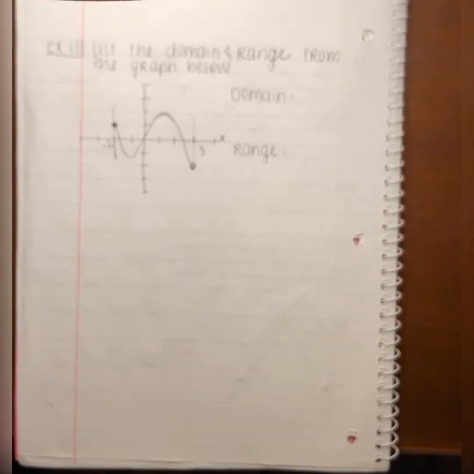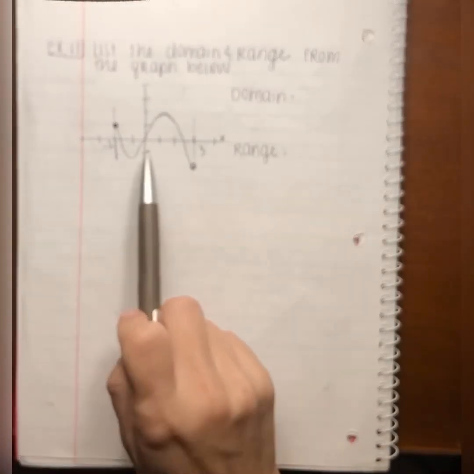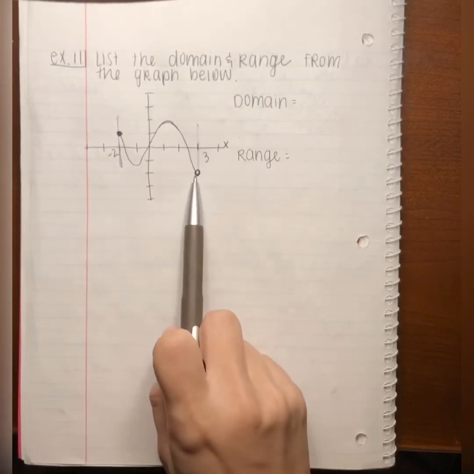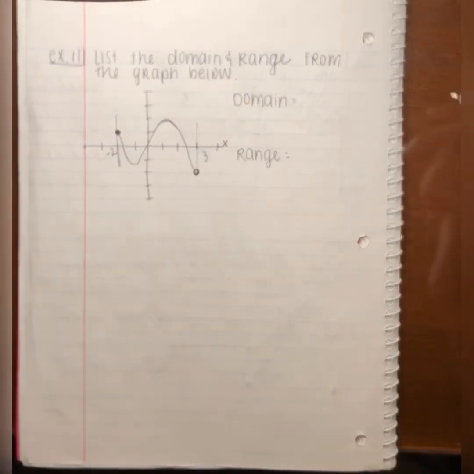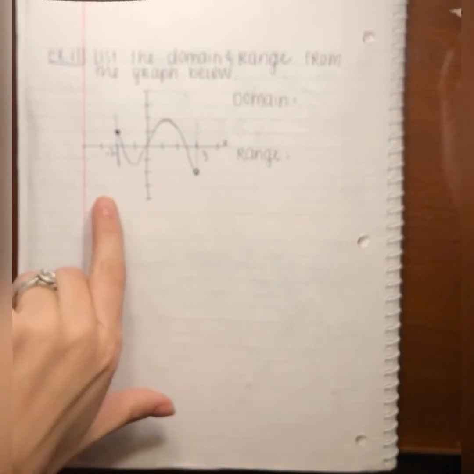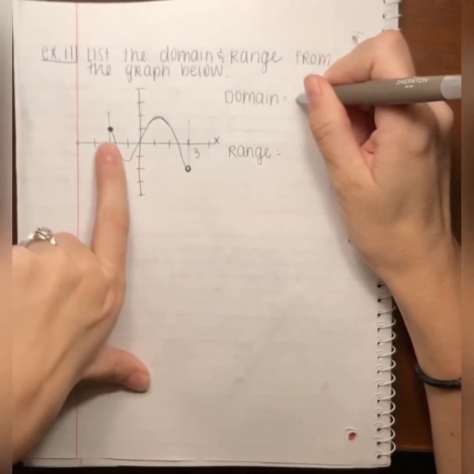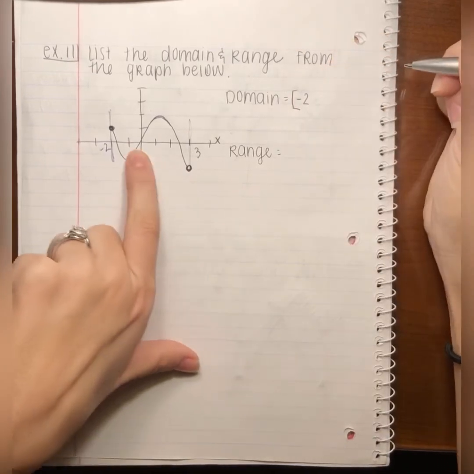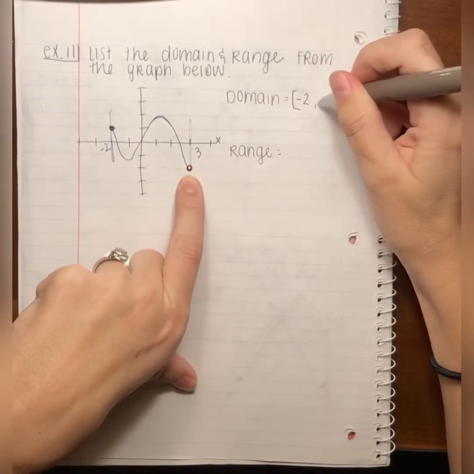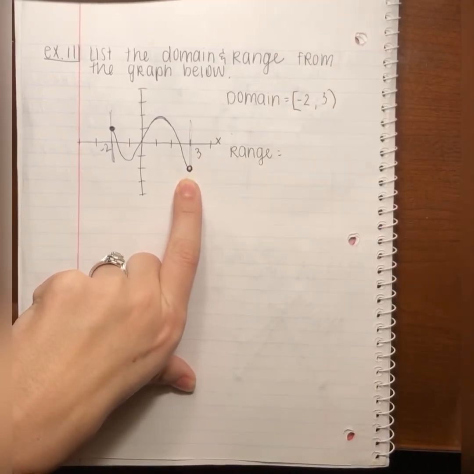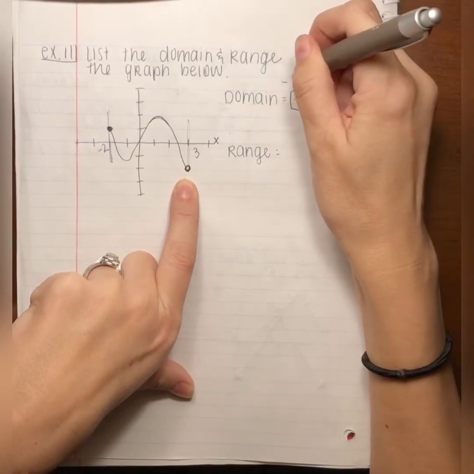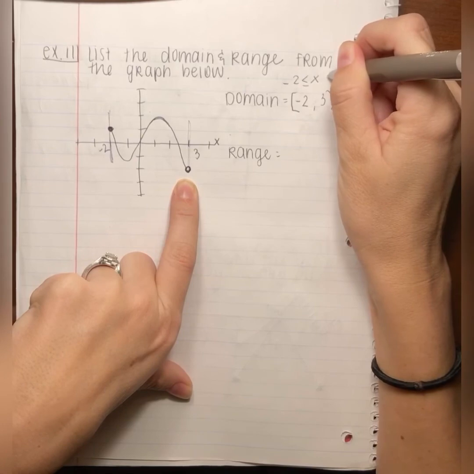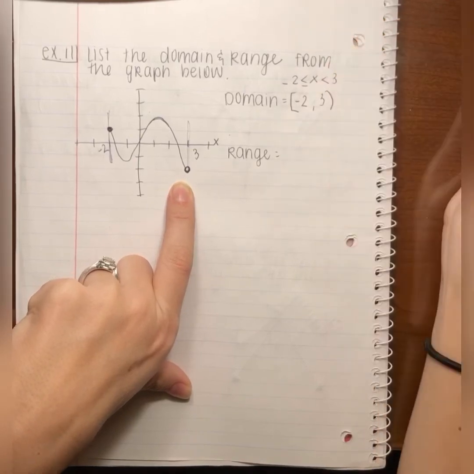So as long as I pick a value between -2 and 3, there will be a point on that function with that as its x value. So -2 has a closed circle, so it gets a bracket, and 3 has an open circle, so it's getting the parenthesis. And we can also write it as -2 is less than or equal to x, which is less than 3.